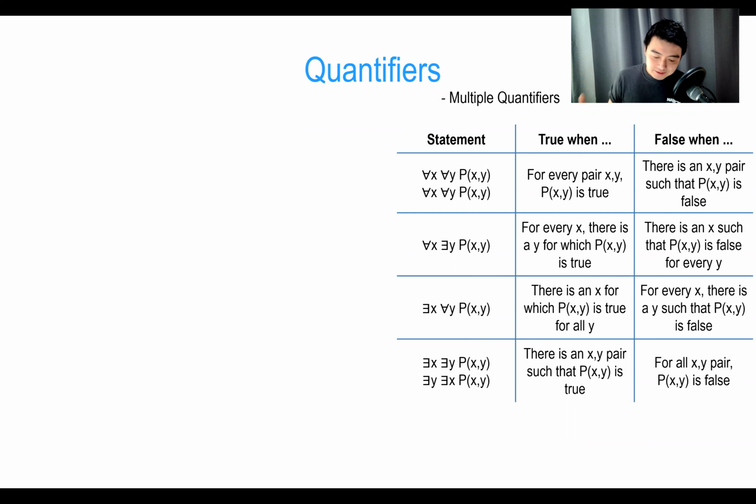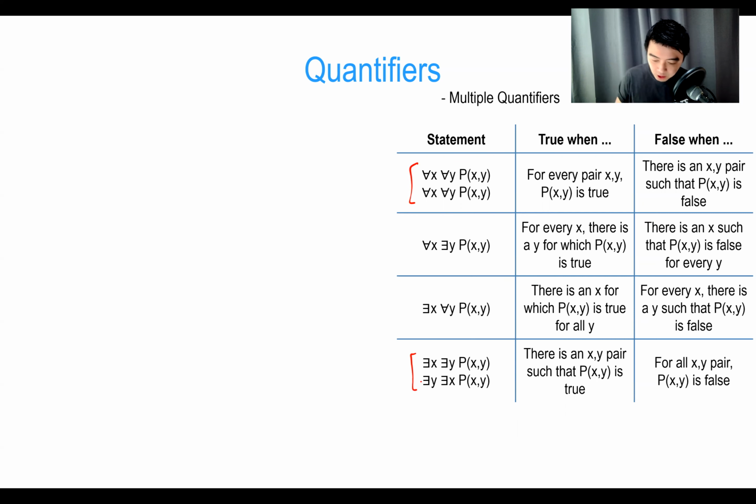So first, let's go back and review multiple quantifiers for a second. What I said was when we have multiple quantifiers, there are situations where switching the quantifiers and switching the variables do not matter. Those are the cases where we have the same quantifier.